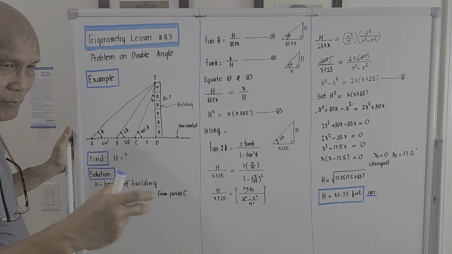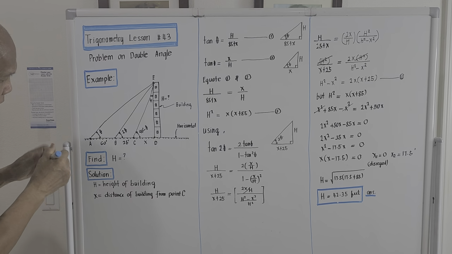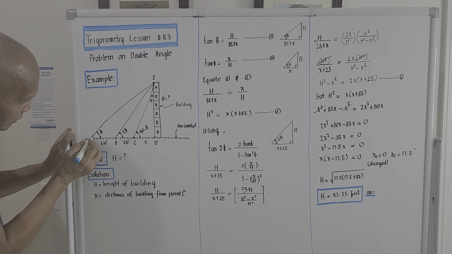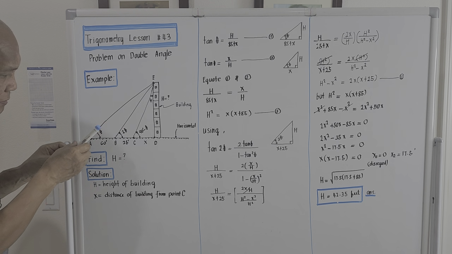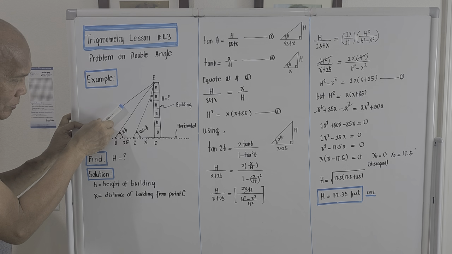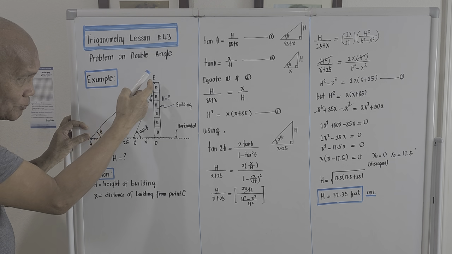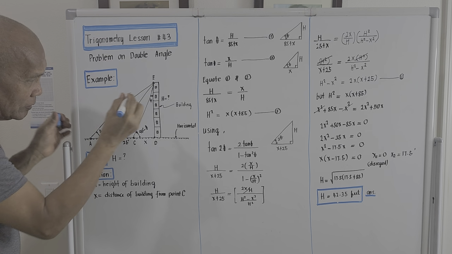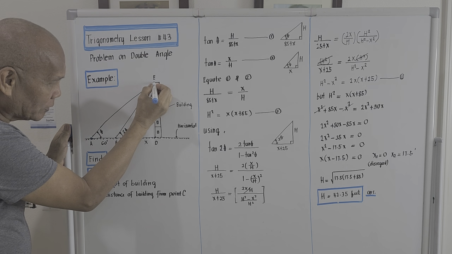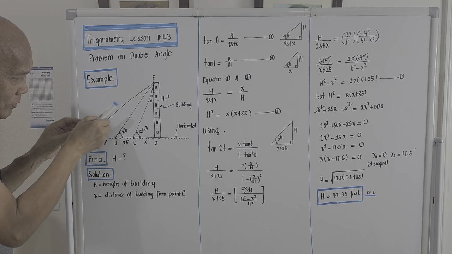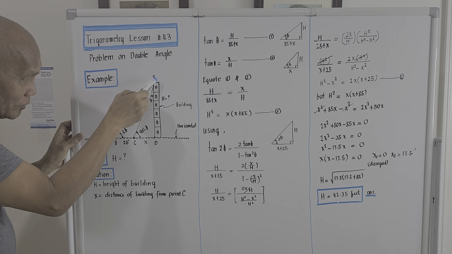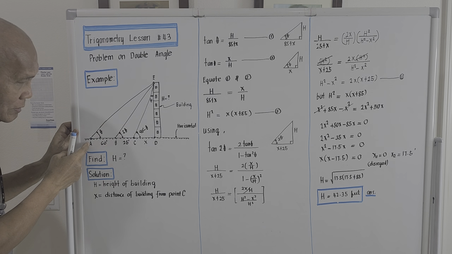Okay, the condition is this. We have a surveyor, and the initial location of the surveyor is at point A. If he has a transit, he will look upward to measure the angle of elevation of this point A here, the corner of the building, the top portion. By using a transit, he measures the angle of elevation of this point A with respect to his location.